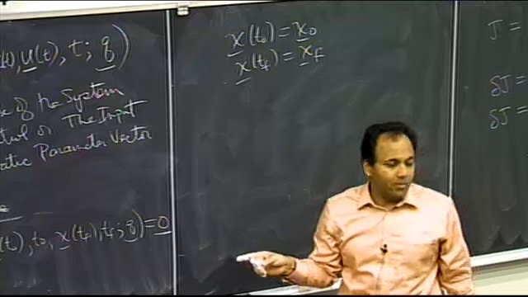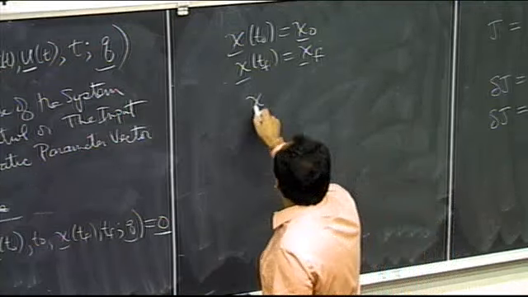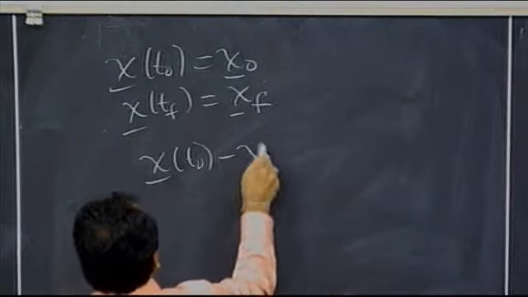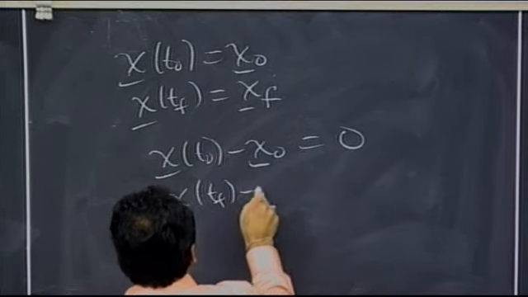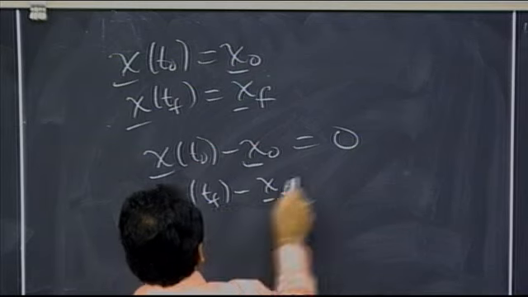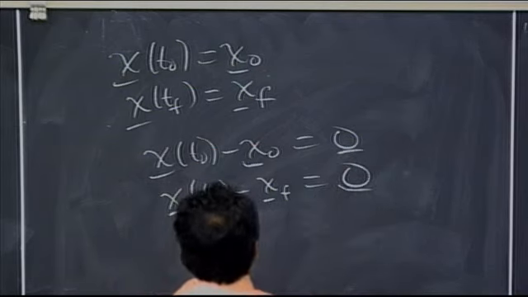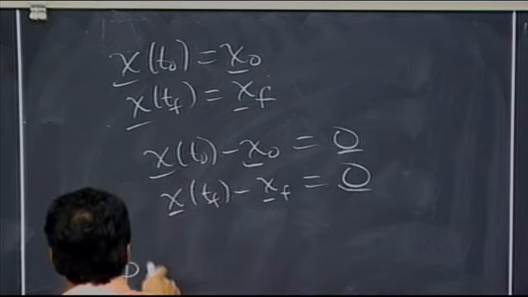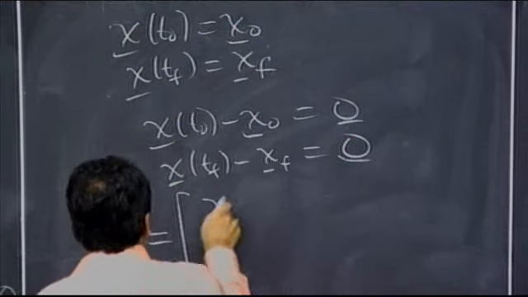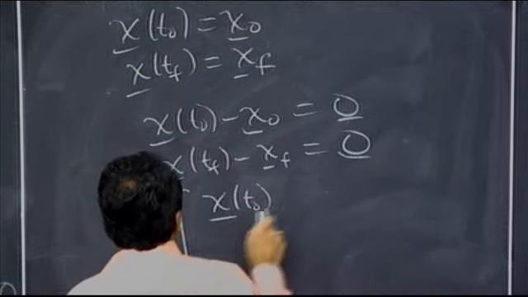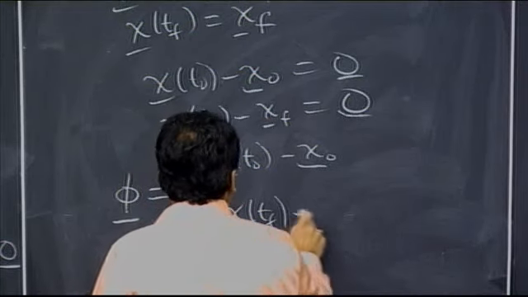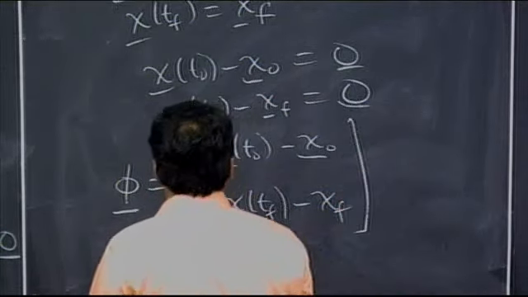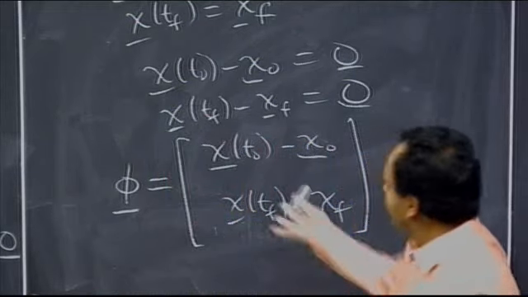But if I rewrite it, I can write x of t0 minus x0 equals 0, and x of tf minus xf is equal to 0. So what's my function phi? So phi is equal to x of t0 minus x0 and x of tf minus xf. That's phi. Right?